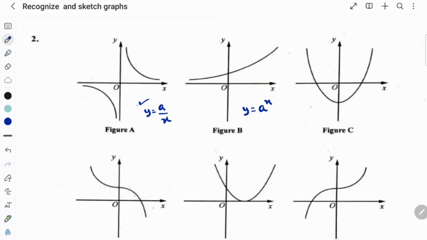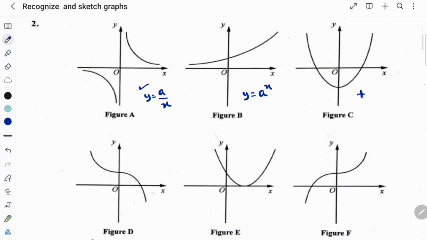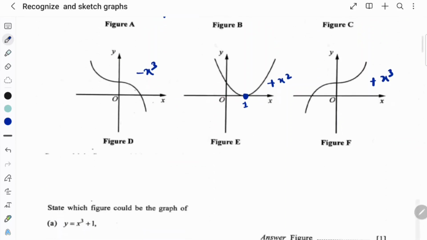This is upwards, so y is equals to ax square. And here it is positive x square. Here negative x cube will be there because it's a double curve, and it is also positive x square, but it's intersecting at just one point. It means that it is a repeated root. Like for example, if it is 1, then it is x minus 1 whole square curve, and this is x cube positive. Let's see what options are given.